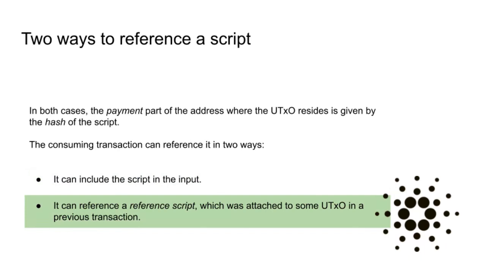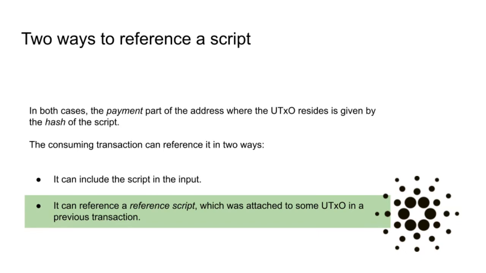I told you before that a UTXO can carry value and, in the case of a script UTXO, some datum. Since Vasil, it can optionally also carry a script. So when I create a UTXO, I can optionally attach an arbitrary script to it.